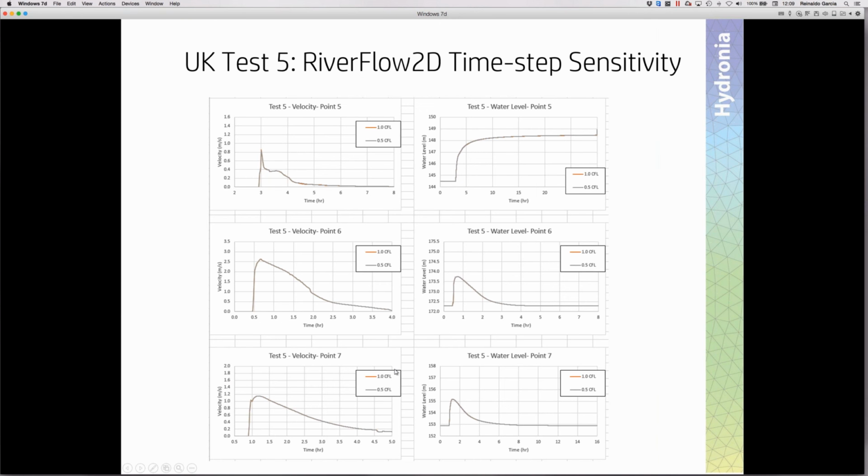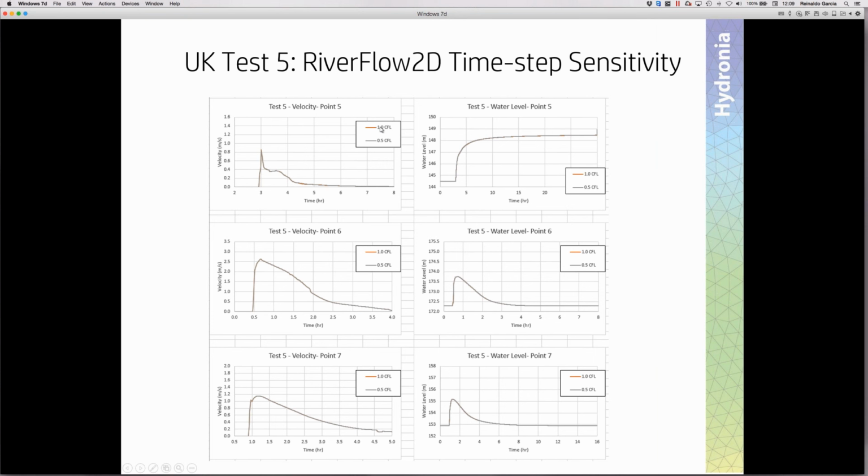Now, let's look at the time sensitivity, how the time step affects the model. This is RiverFlow2D results for two. In RiverFlow2D, you don't give the time step. The time step is automatically computed. You only provide the Courant number. So we selected two values just to check if there was any change: Courant number 1, Courant number 0.5.